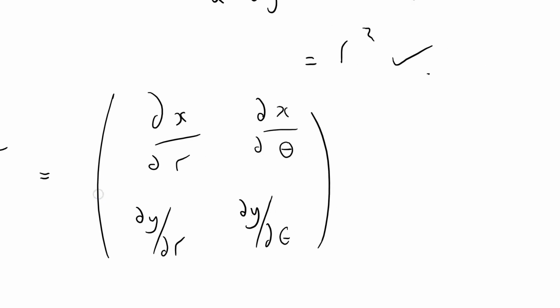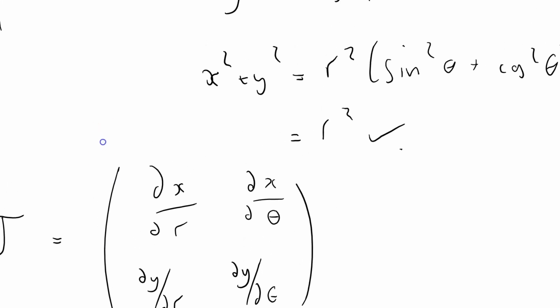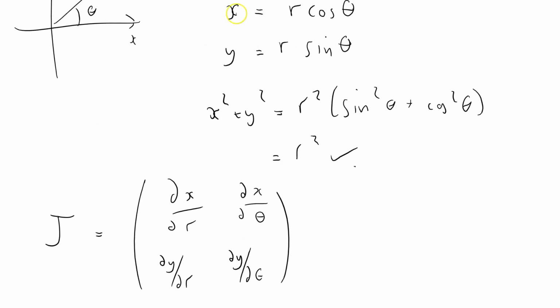But now we've got these two relationships, the forward relationship, so all I do is differentiate these two things here. Di x di r is just cos theta. Di x di theta is just r times the differential of cos, which is minus sine theta. Di y di r is just sine theta.